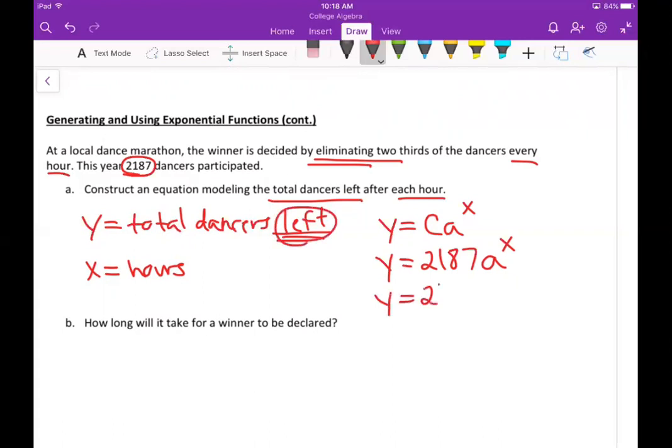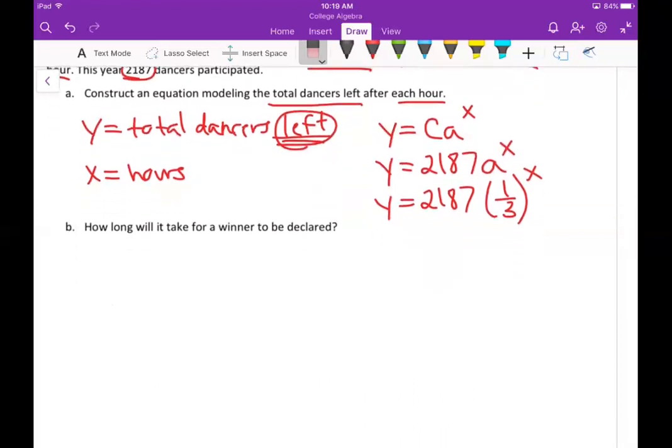So we're going to multiply by 1/3 so we know how many are left, not how many were kicked out. Be very careful with that decay factor, because a lot of the time we're given the opposite version in our scenario. We state it a little bit differently in context, and we're going to use it in the equation. Okay, so we've got 1/3 for our decay factor there.